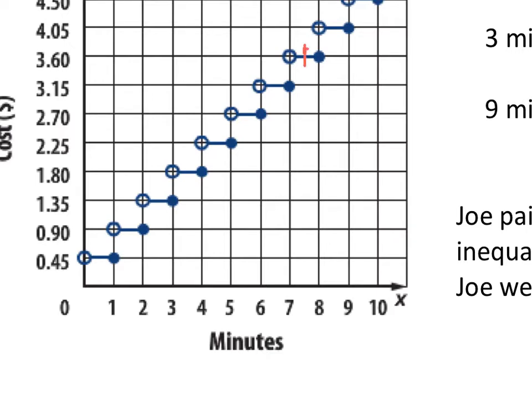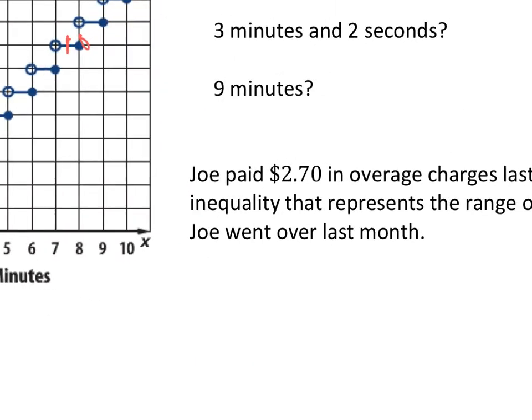Since we have an open circle at the beginning, it means we have a ceiling function. If he goes over 7 minutes, he's not charged for 7 minutes, he's charged for the next full minute, or the 8th minute, which again is here. So he's being charged that 8th minute, so $3.60.